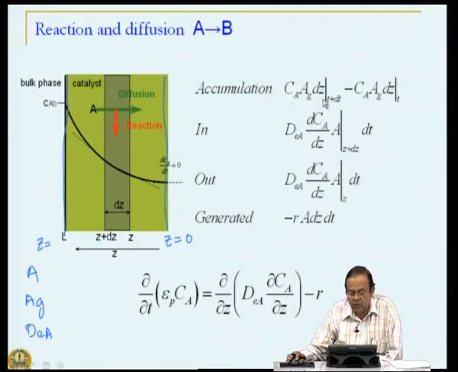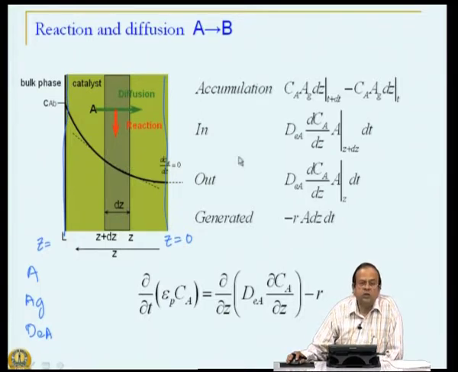So, this is the mass which is present at time t plus dt, and the same quantity Ca Ag dz at time t is present at time t. The difference between the two tells me how much mass has accumulated in this cross section, small section of this catalyst pellet.